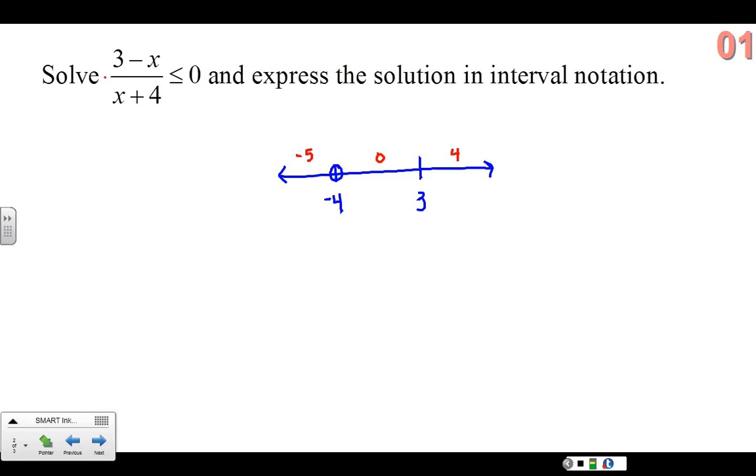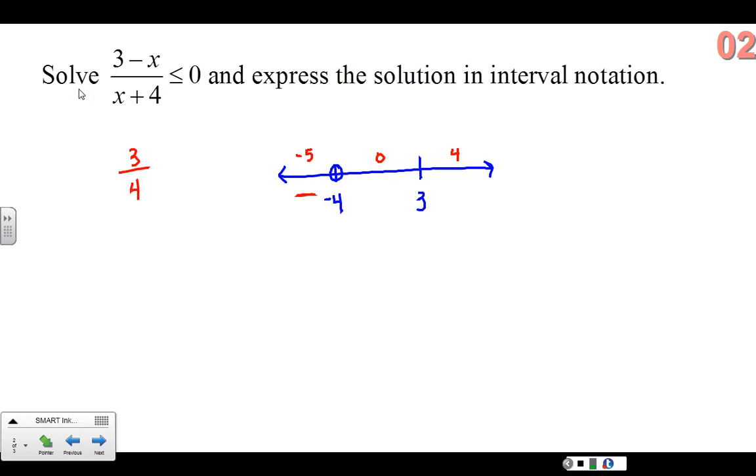I'm doing negative 5. 3 minus negative 5, that'd be 3 plus 5, so I'd get 8 over negative 5 plus 4, which would be negative 1. So if I divide that, I know I get negative 8. So that interval is negative altogether. 0: if I had 3 minus 0, I would get 3. 0 plus 4 is just 4.